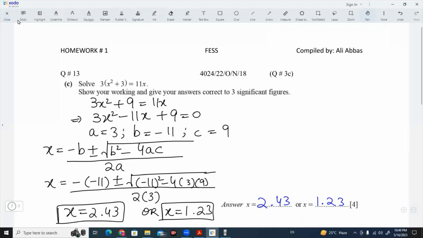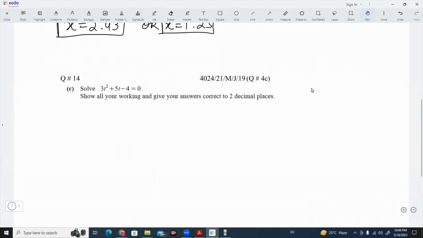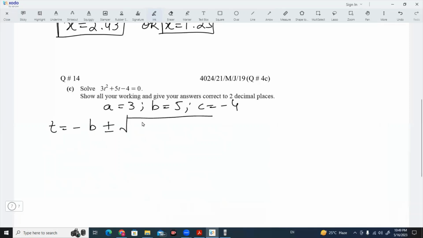So moving ahead to the last question of this specific worksheet. In this case, the variable is t, not x. So we have to write our quadratic formula starting from t. a equals 3, b equals 5, and c equals negative 4. So writing t equals negative b plus minus square root of b squared minus 4ac, whole divided by 2 times a.